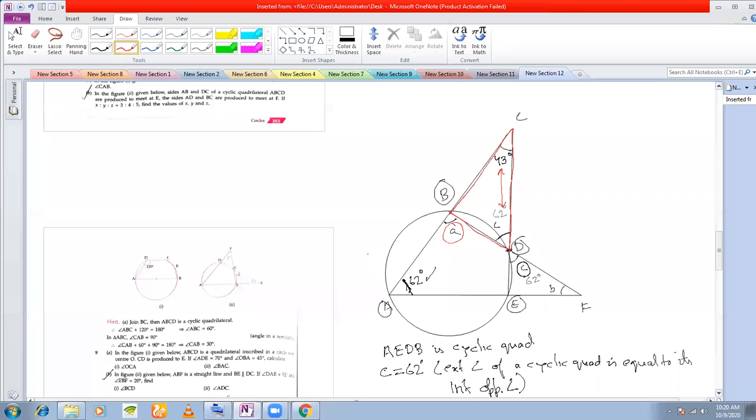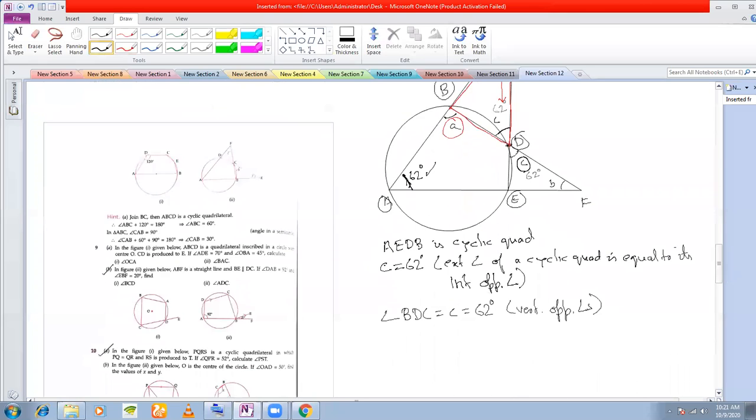So therefore A must be equal to 43 plus 62. Let me write the triangle.